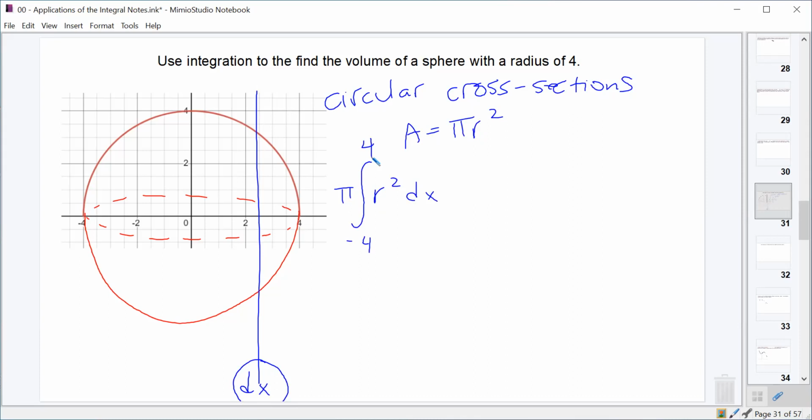Well, the radius of this cross section, if this is our little cross-sectional piece right here, this little sliver of a circle, has a radius that extends from the x-axis up to the function. It's just y. And we should know the equation for a semicircle.